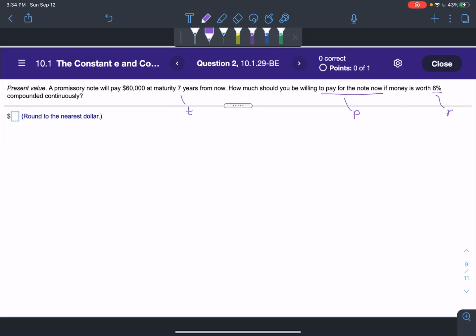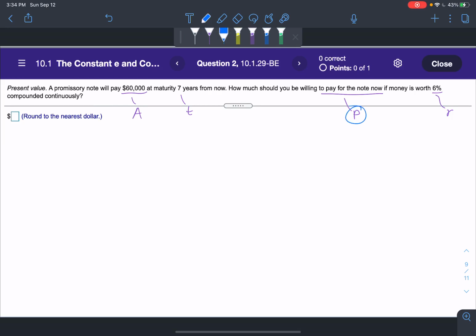And then I glossed over the 60,000 because usually you have to decide, is this number your principal or is this your amount? And so here, this is our amount at time T. So that's our A. And so we know everything except for P, and that's what we're solving for.